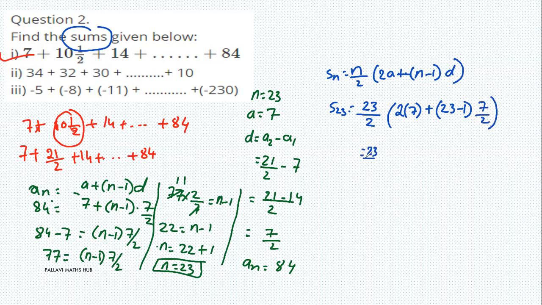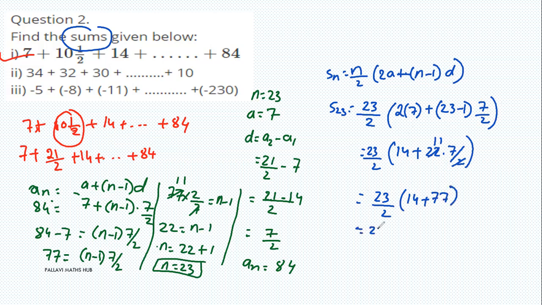Next step: 23 by 2 into 7 2s are 14 plus 23 minus 1 is 22 into 7 by 2. 2 ones are 2, which equals 23 divided by 2 into 14 plus 11 sevens are 77. 23 divided by 2 into 14 plus 77, which is 91.